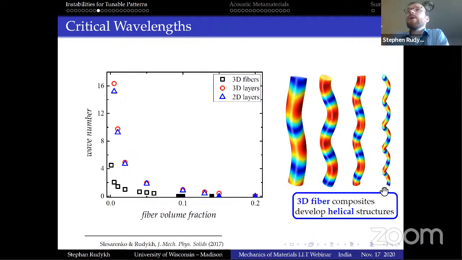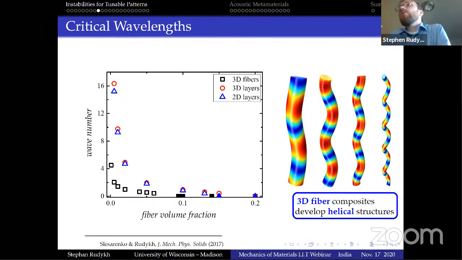And in some cases, numerics also shows some interesting eigenmodes showing these helical patterns, which appear to be not that easy to actually obtain with instability. So it will be very interesting to look at the causes and reasons why that would or would not develop.